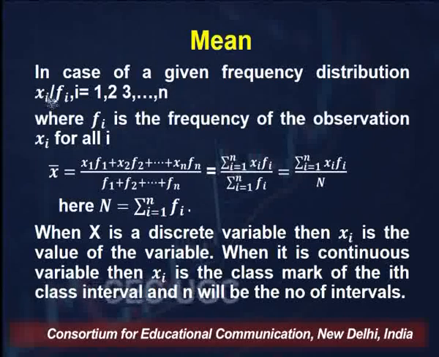So, when we are given xi, fi, which is either the discrete frequency distribution or continuous frequency distribution, then my x bar is x1 f1 plus x2 f2 plus and so on xn fn upon f1 plus f2 and so on plus fn, which again you can now clearly write very easily using this capital sigma, that is summation i equal to 1 to n xi fi upon summation i equal to 1 to n fi, and this sum of frequencies is the total number of observations that you have in the data. So, that we denote by capital N, and the numerator remains as it is.